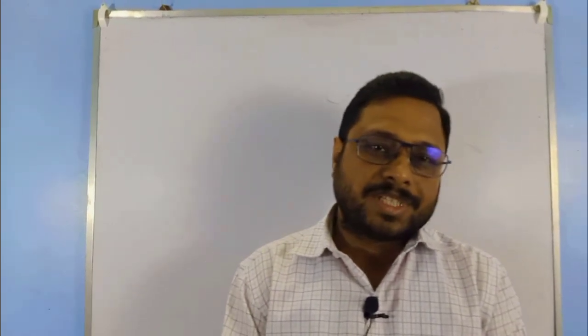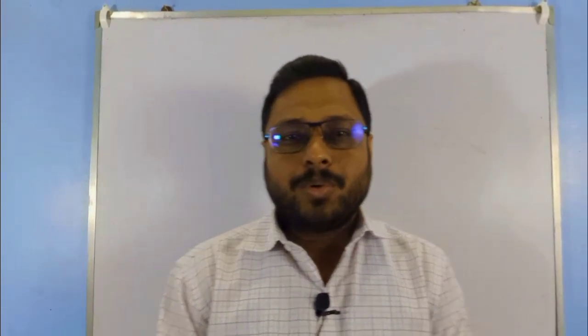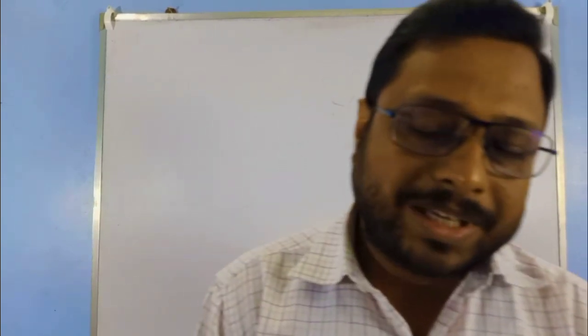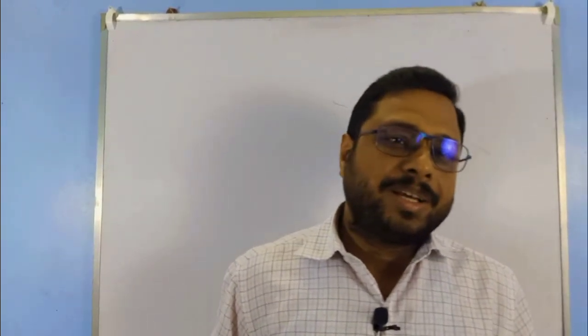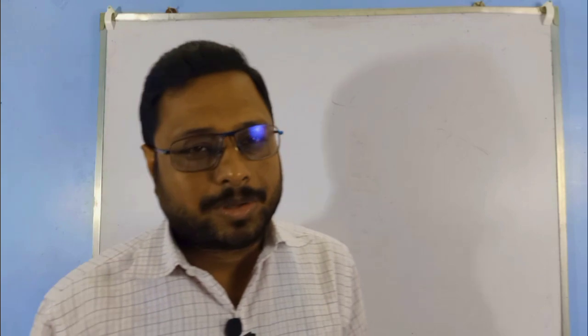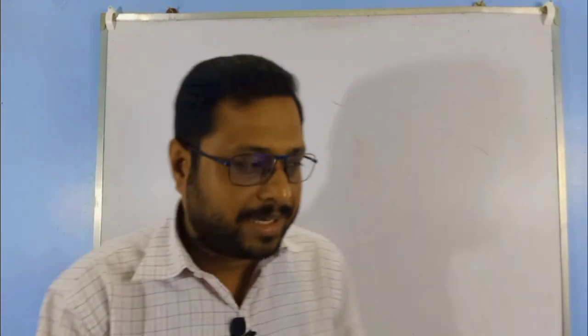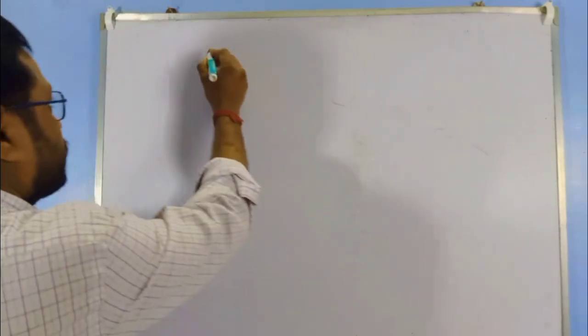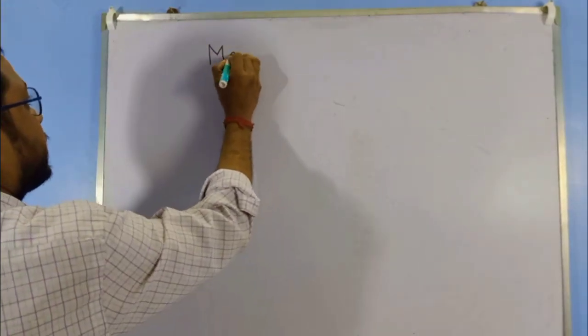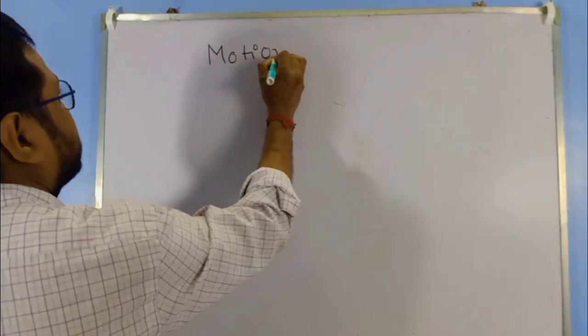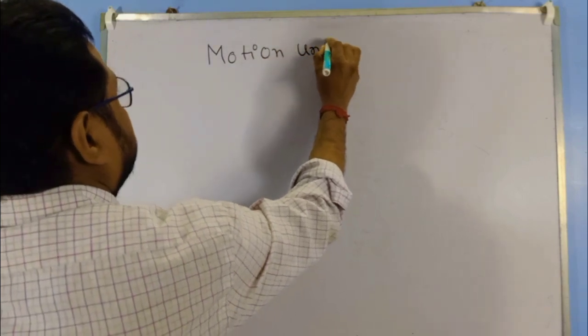So today we will learn an interesting topic about a body freely falling on the earth's surface from a small distance, which is called motion under gravity. In the previous lecture we learned about one dimensional motion.